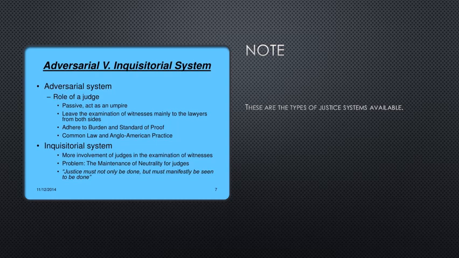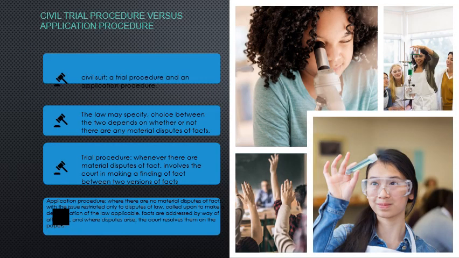So as we continue on. Now, for individuals who want to have their civil dispute heard in court, there are two avenues that are available. We have the trial procedure and an application procedure.